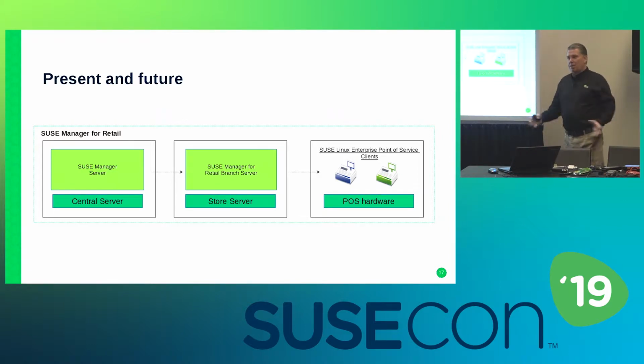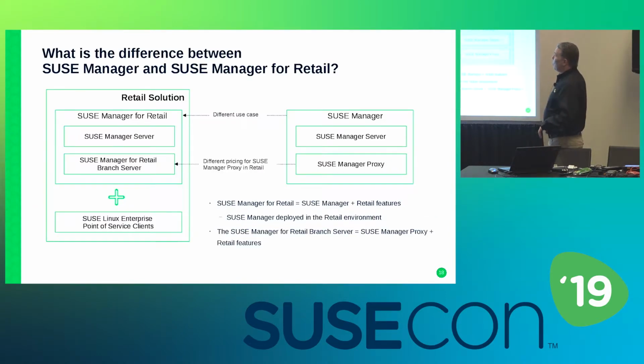So you can manage everything using SUSE Manager. We only do that when you buy these three products together. Right? It's part of how we are trying to make everything fit, both for the retail and for normal SUSE Manager. Okay? So now some of you might have asked, what is actually the difference between SUSE Manager and SUSE Manager for retail? All right?